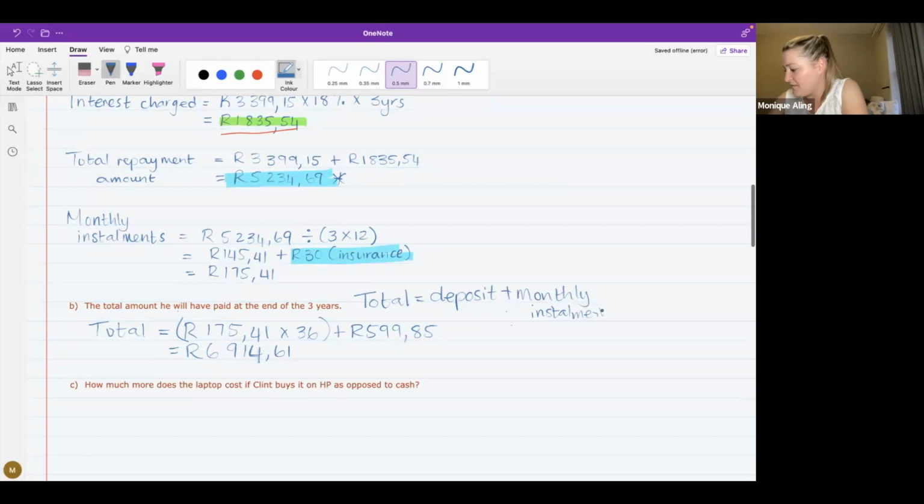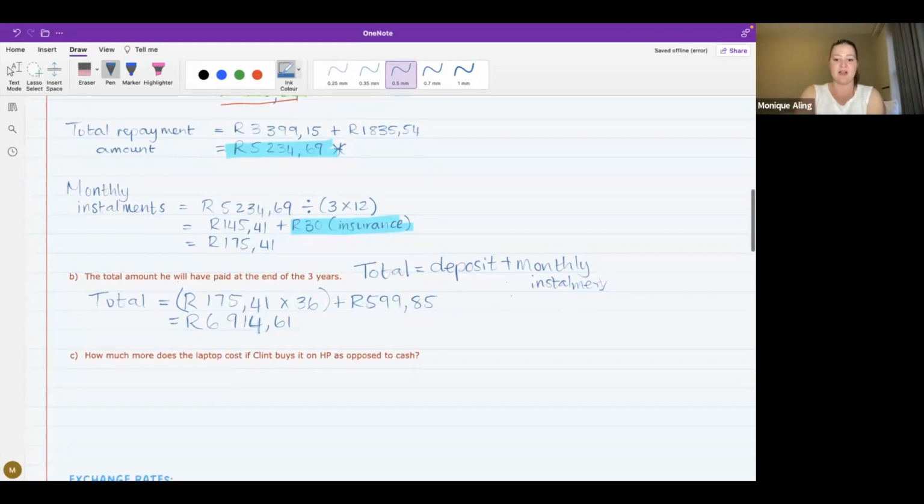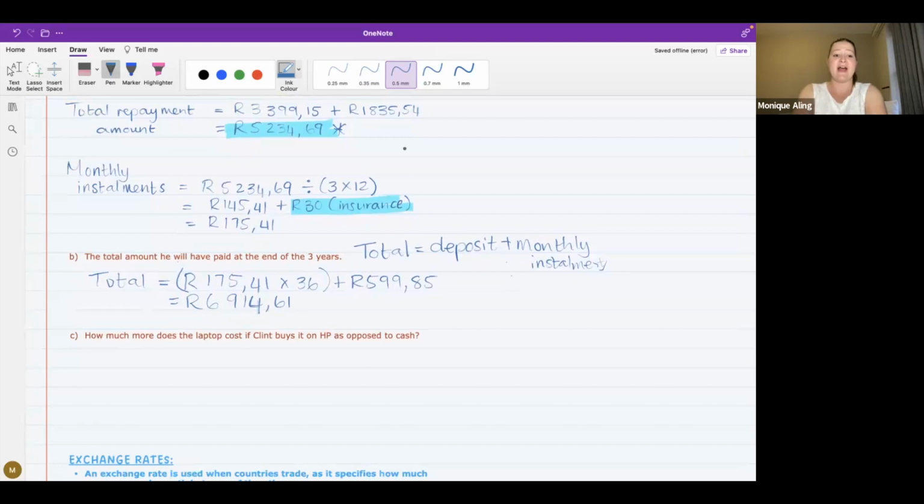These are two very common questions. Installments and total. Total, don't forget about the deposits. So that means all in all, Clint paid 6,914.61 for the laptop.